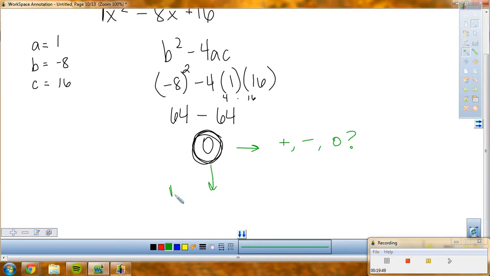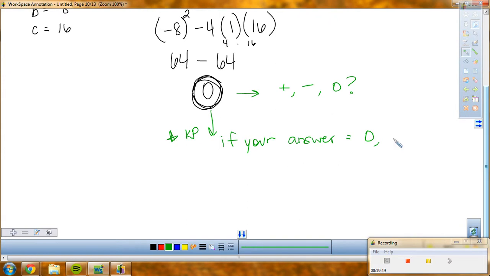And again, this is a key point, that when you find the discriminant, if your answer is 0, then you only have one solution. So a positive number is going to give us 2. 0 gives us only one solution.